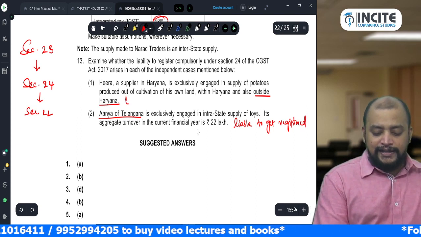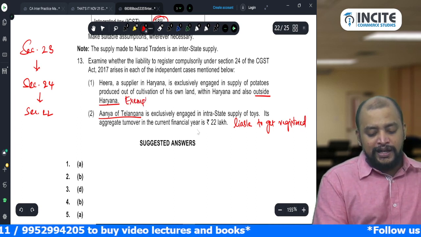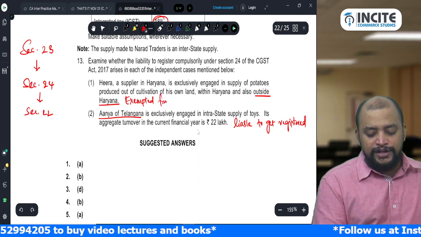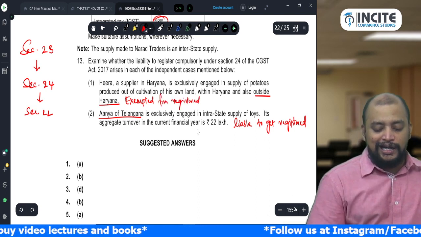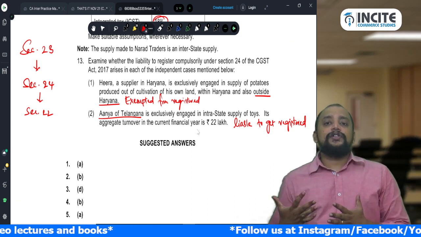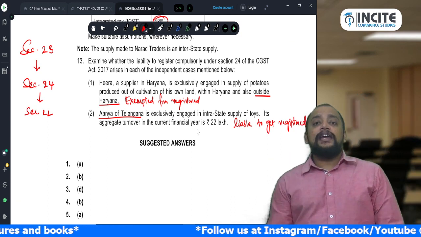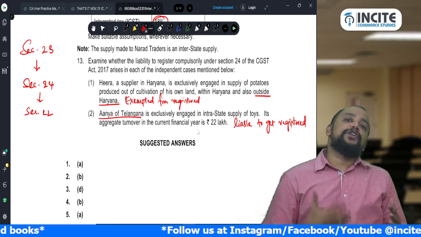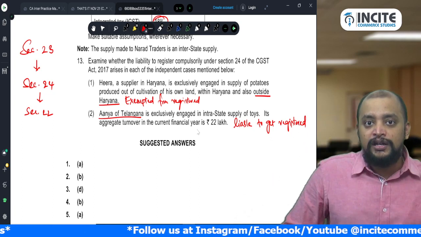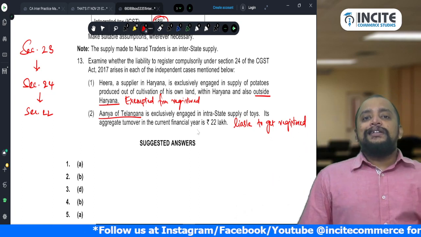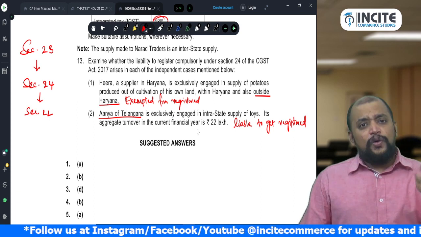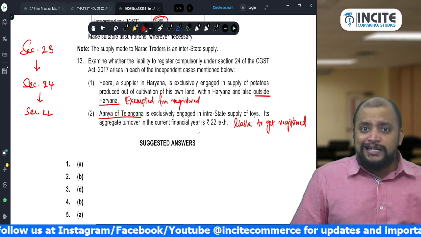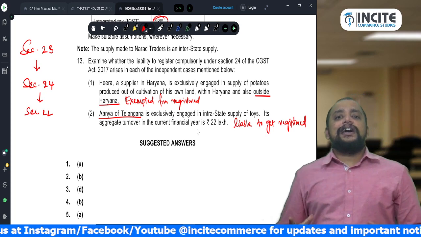So here, exempted from registration. What you need to do is first clearly remember the provision. Write the provision first, and thereafter link the concept to the provision and give the conclusion, okay? So don't forget. So hardly one hour, and we completed this entire RTP revision.